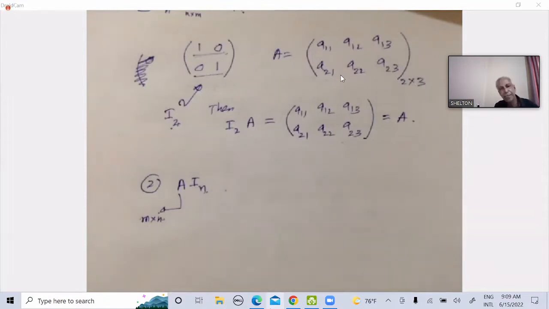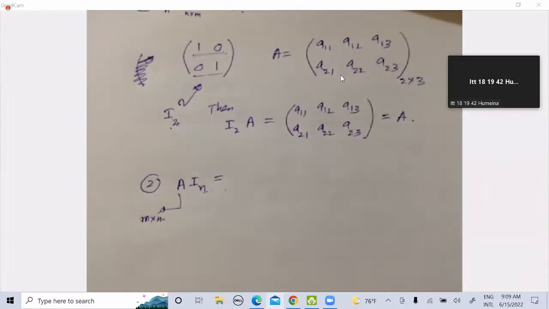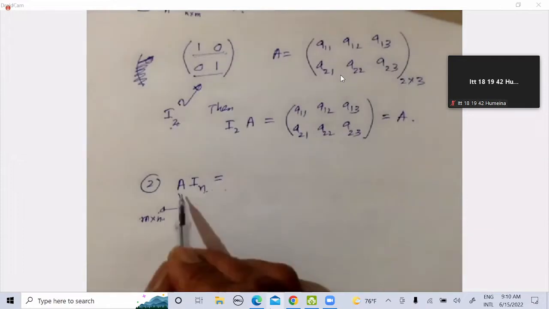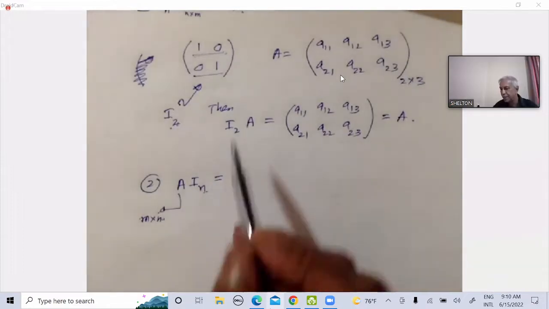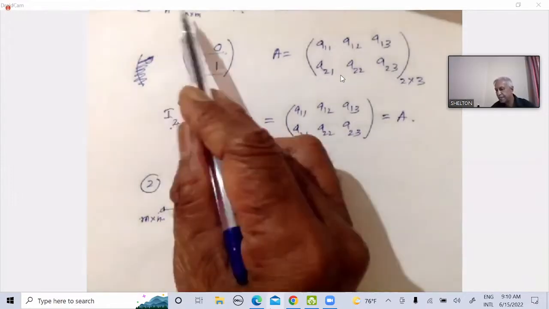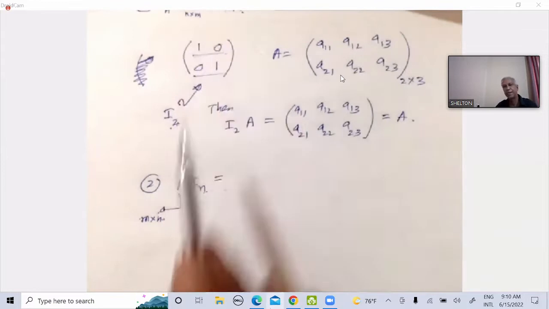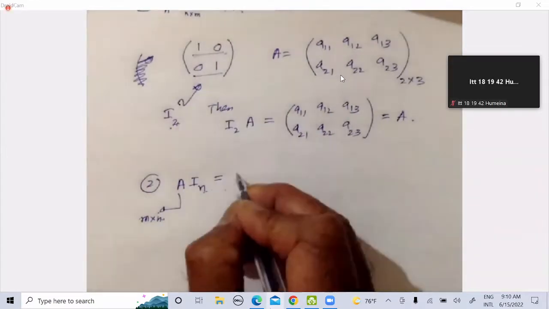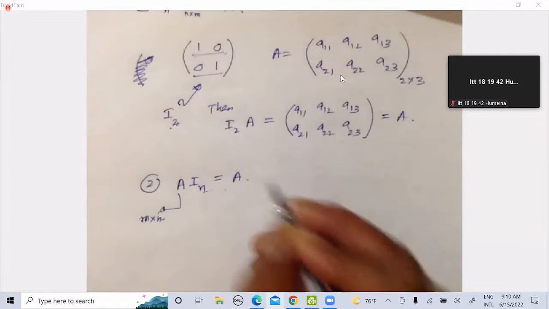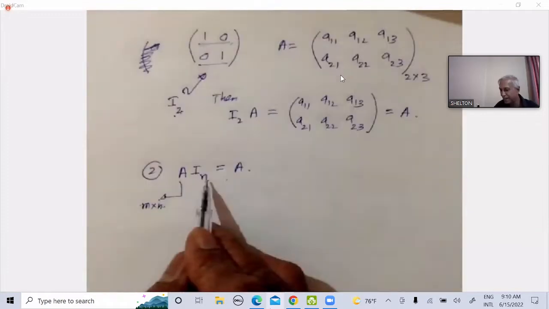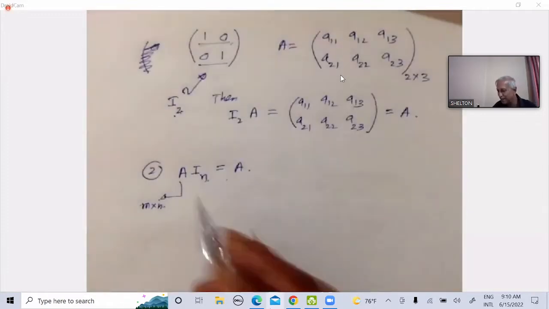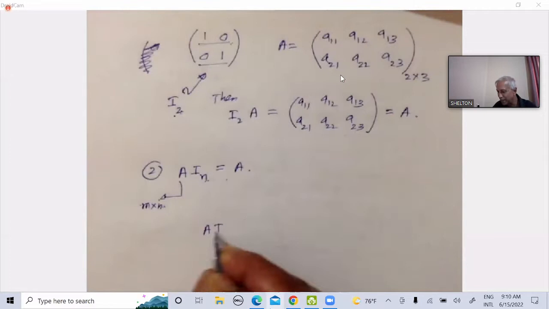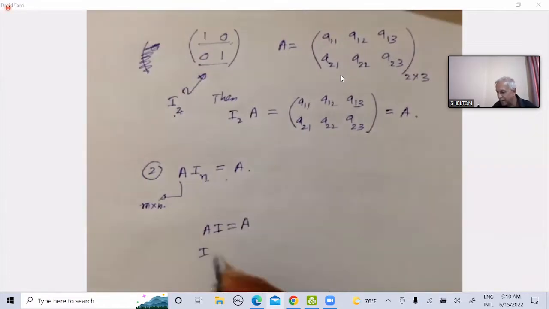Can you guess the answer? I_n times A is A. A times I_n is also A. If you just drop the n, A times I is equal to A, and I times A is also equal to A.